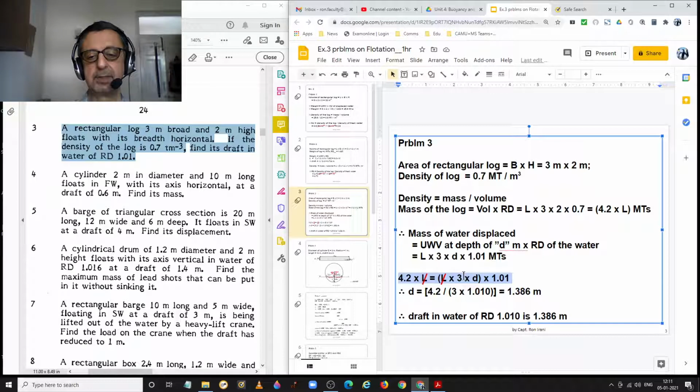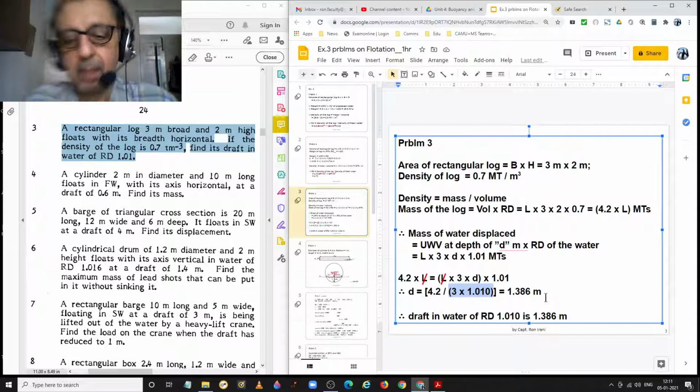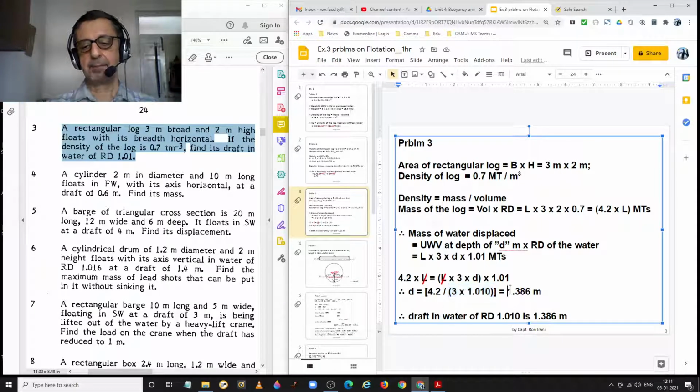Lengths on both sides cancel out, and we have the draft equal to, in the numerator 4.2 and in the denominator 3 multiplied by 1.010. Thus we get draft equal to 1.38 meters. So the draft in water of RD 1.010 is equal to 1.38 meters.